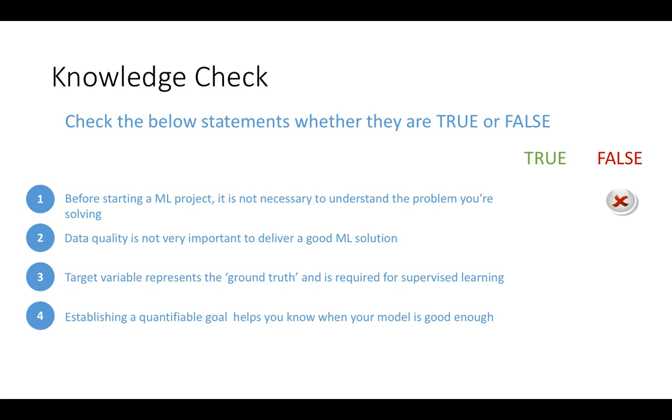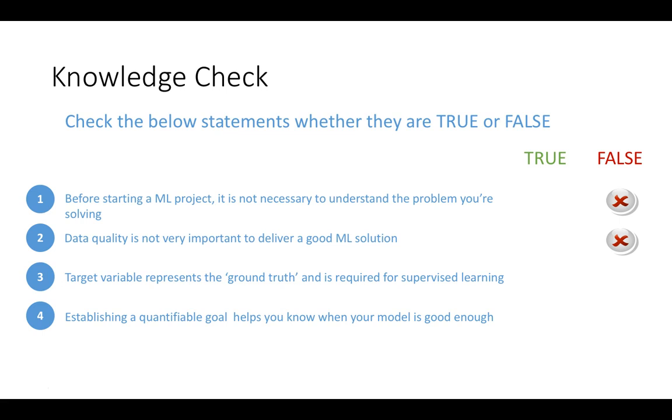The second statement: data quality is not very important to deliver a good ML solution. It is a false statement. We talked about the important aspect of data quality. Good data can any time beat a fancy algorithm. So keep that in mind.